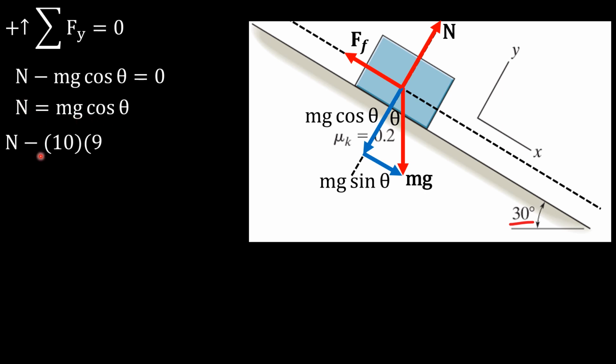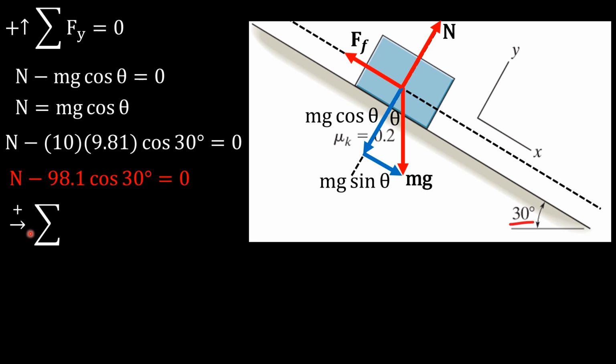So now, what is our y equation? It will be n minus, we plug in the values that we have, so it will be n minus 98.1 cosine 30 equals 0. So this is your y equation. Now let's solve for our x direction equation.